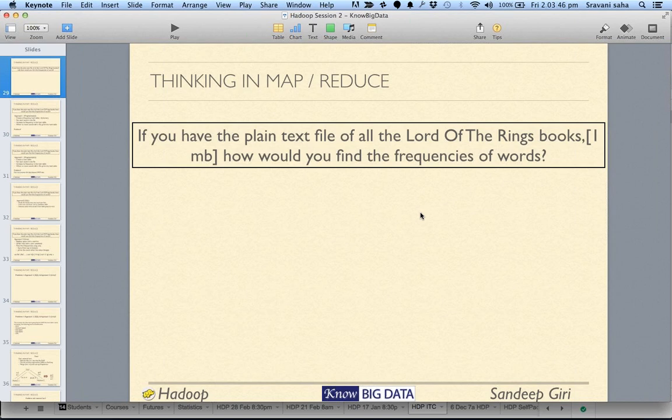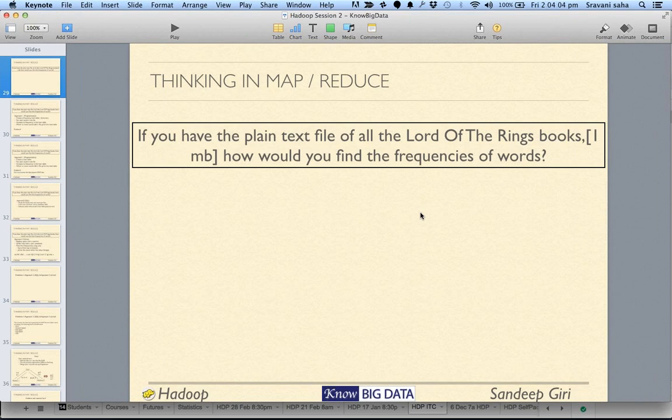It might be 1 MB to 5 MB. 1 MB is actually quite huge, right? So how would you find the frequencies of words?